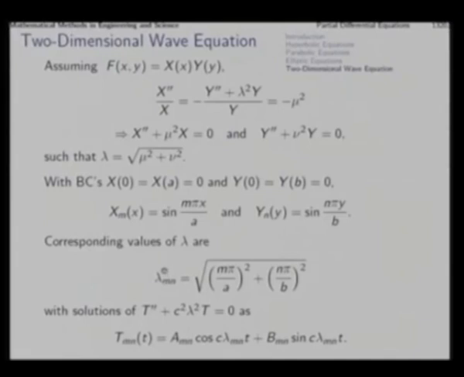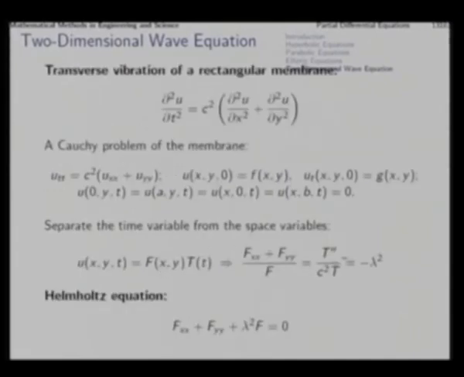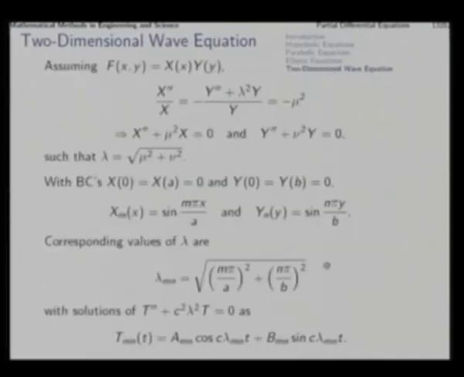The corresponding lambda will give us the corresponding differential equation for the function T of time, and that will be T double prime plus c square lambda square T equal to 0. Now, we know the solution of this also can be found in this manner, but here we write the complete solution, because the time variable is involved and we do not have such straightforward boundary conditions as we had in the case of x and y.